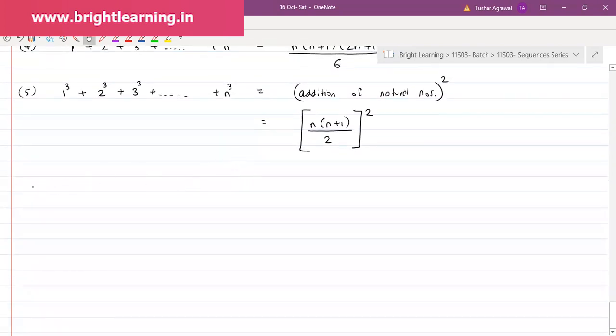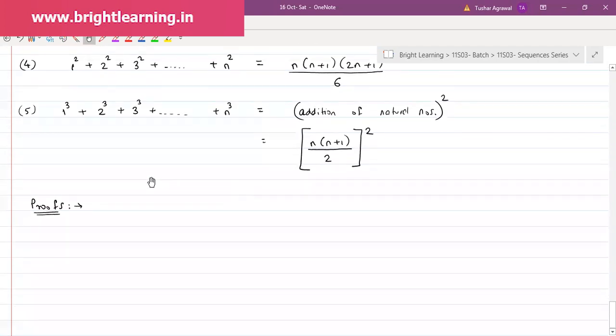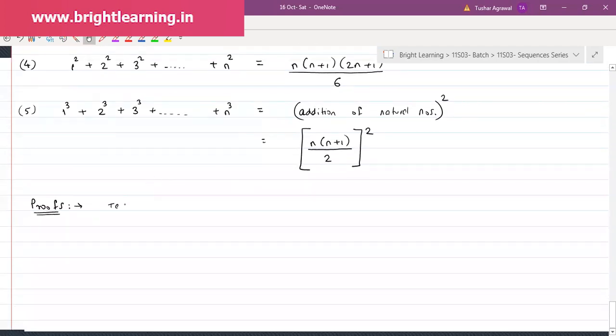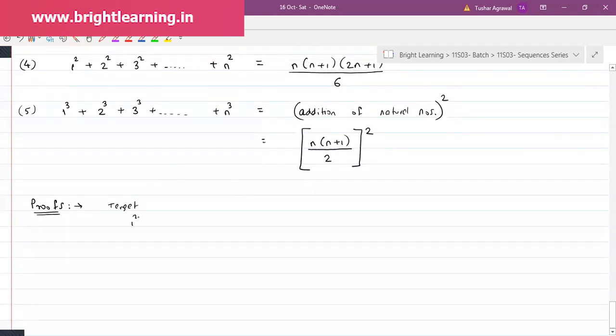So what is the general method to prove these properties? Proofs. I'm targeting 1 square plus 2 square plus 3 square. My target is to find 1 square plus 2 square plus 3 square up to n square.